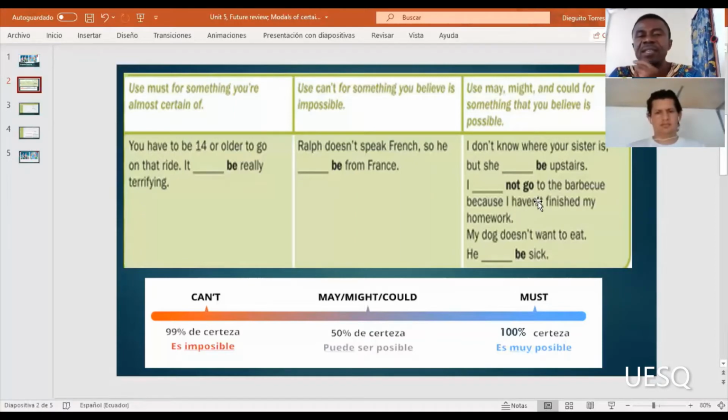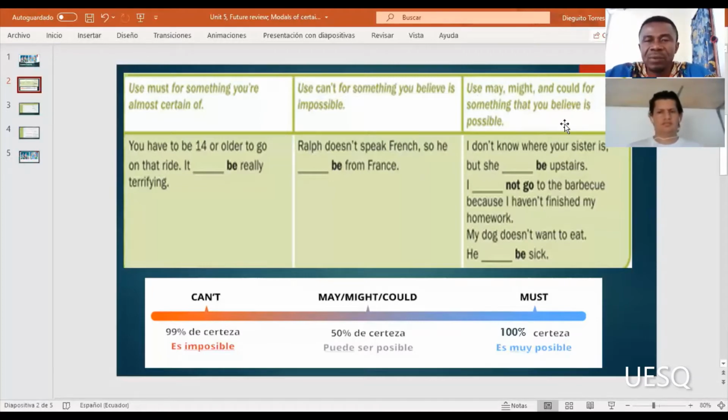Now let's look at the third column, the examples there. This time we are using may. So use may, might, and could for something you believe is possible.